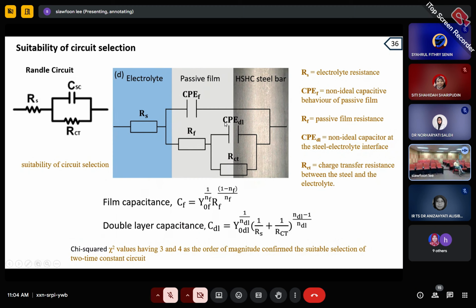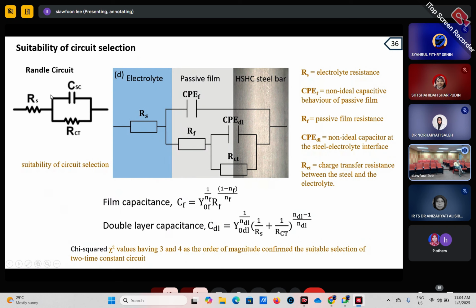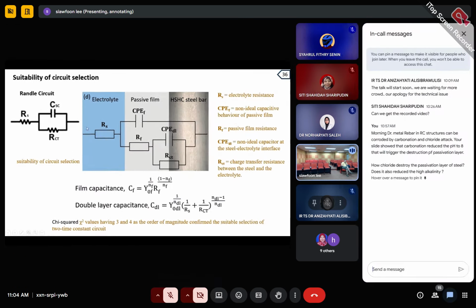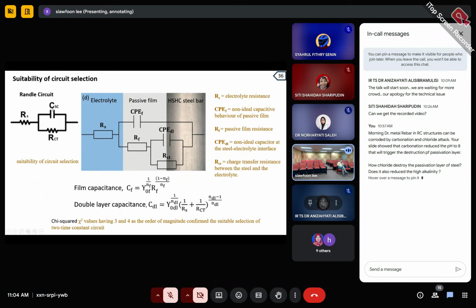Okay, but usually when it comes to steel bar with a passive film, they prefer to use this kind of circuit to fit it instead of the Randles circuit, because the Randles circuit is very general. It only consists of the RS, which is the electrolyte resistance, this is the capacitance, and this is the resistance, provided that your system is a pure capacitor, then you use this circuit.